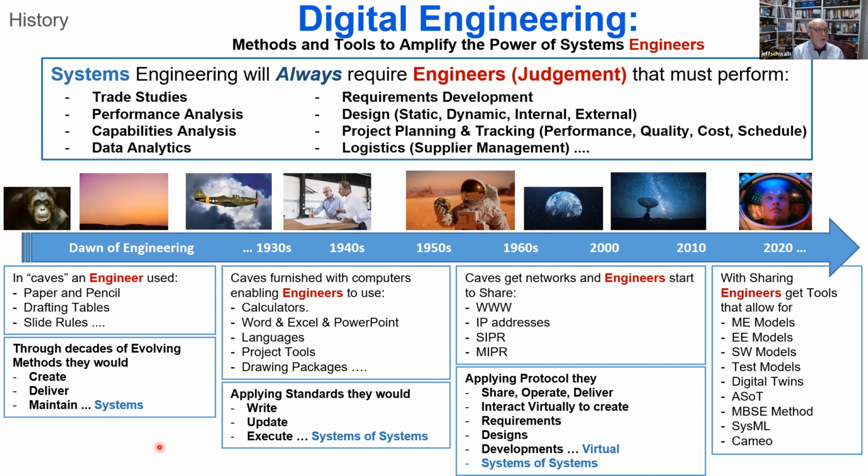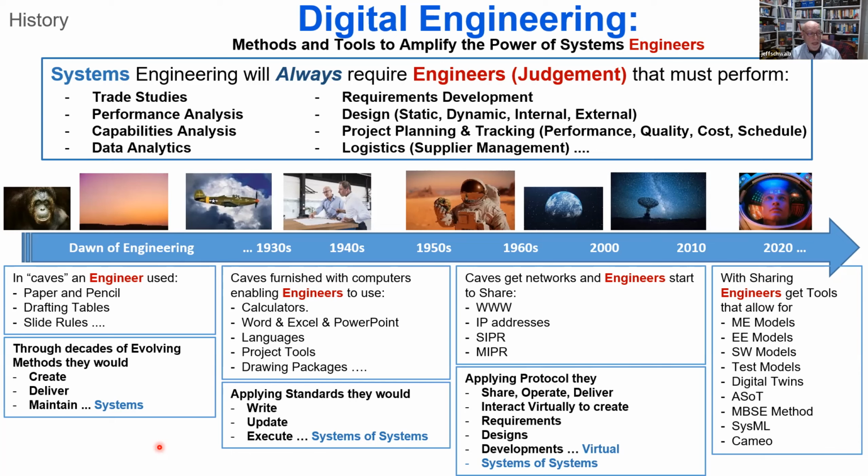When you look at systems engineering and the history of it, I'm starting the history from probably the beginning of the previous century, and look at the idea of 2001: A Space Odyssey and the apes looking up. In caves, engineers used pencils and paper and drafting tables, slide rules, all these kinds of things that, boy, we couldn't imagine today just being restricted to that.